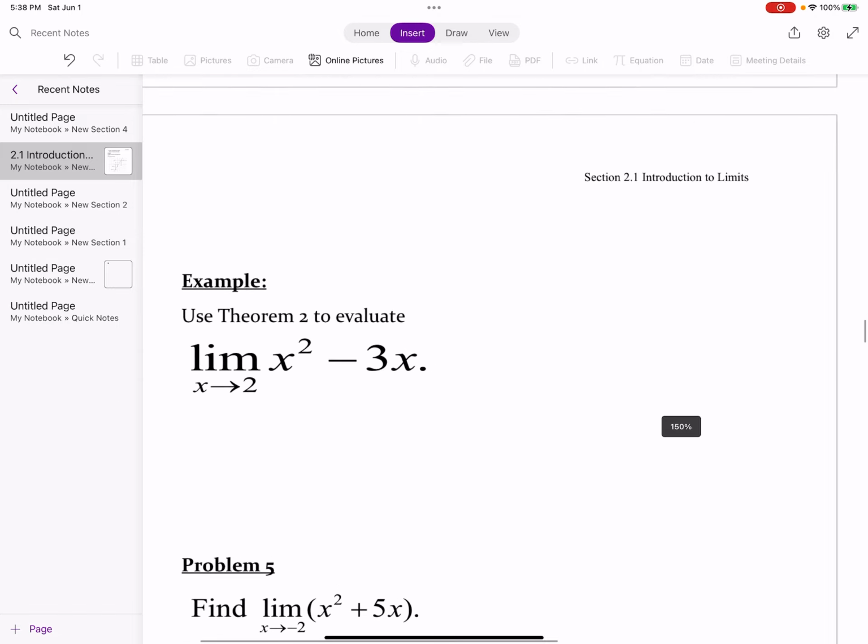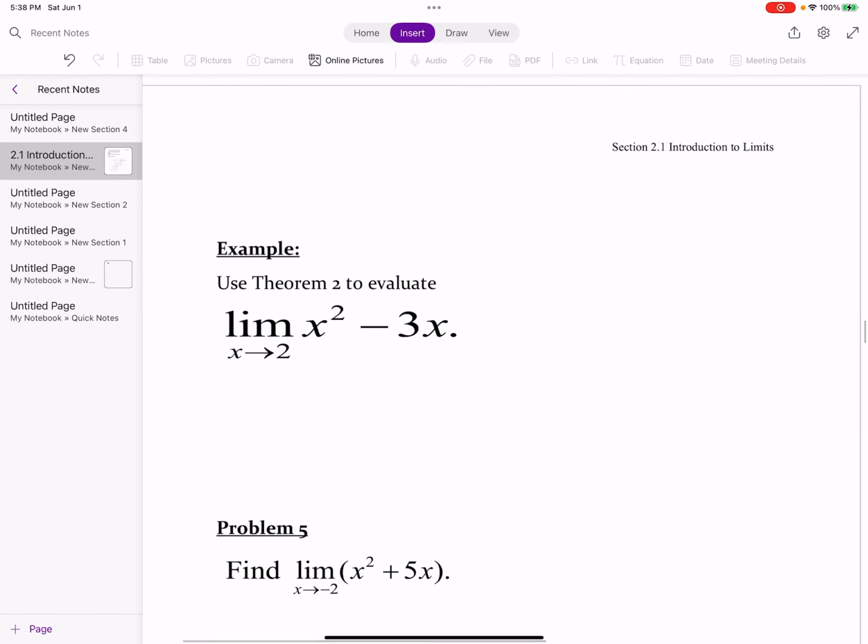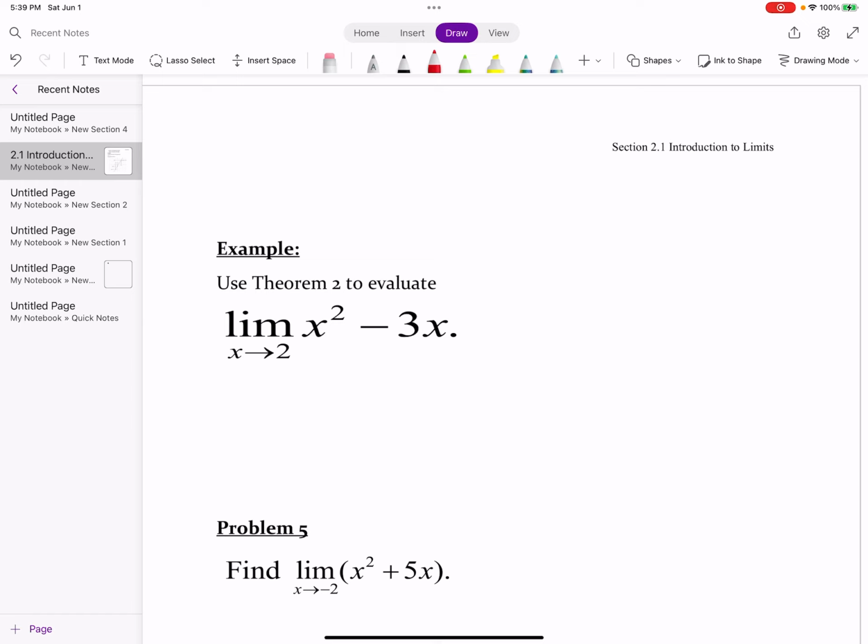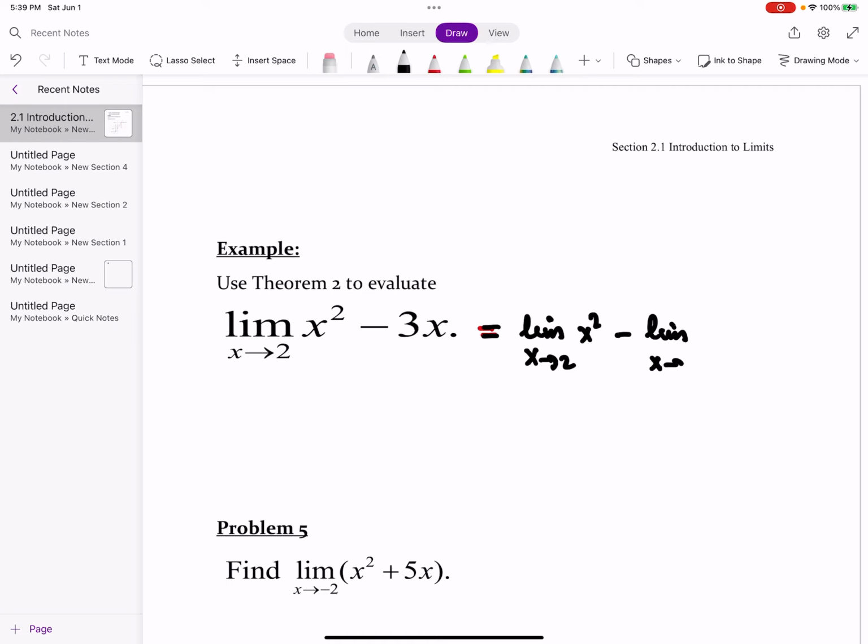So in order to clarify, let's use this example. This is evaluate the limit. So here I have to evaluate, according to the rule, the limit of x approaches 2 of x squared, and I have to apply the limit of x approaches 2 of 3x. This becomes, since it is a continuous function, 2 squared minus 3 times 2, then this one is 4 minus 6, which is minus 2.